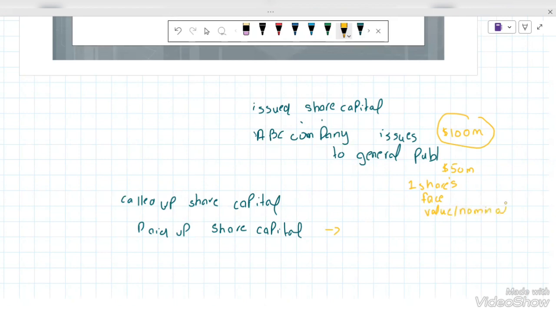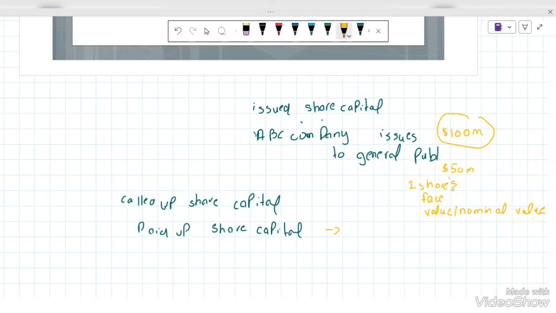What is the nominal or share value? Basically, nominal or share value is the value of your one share, the amount shareholders have to pay you in order to get one share of your company.